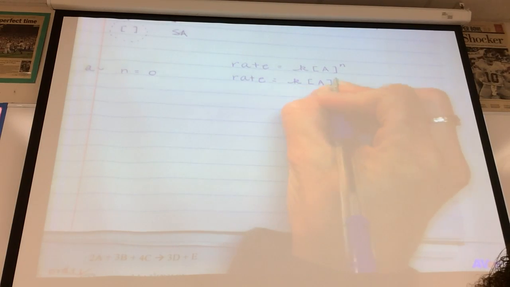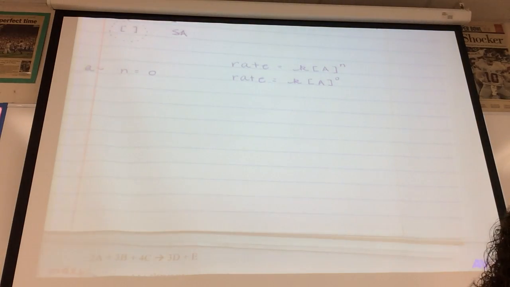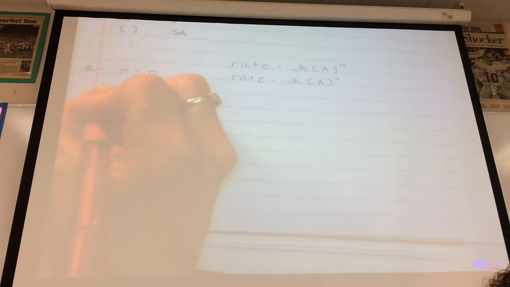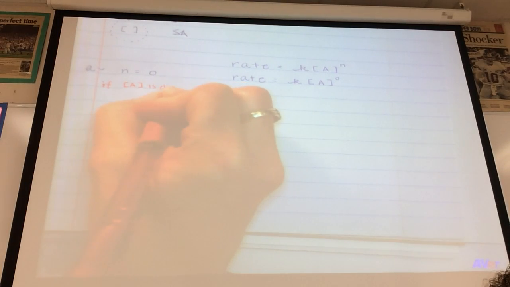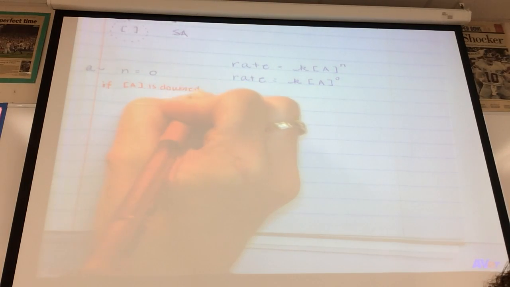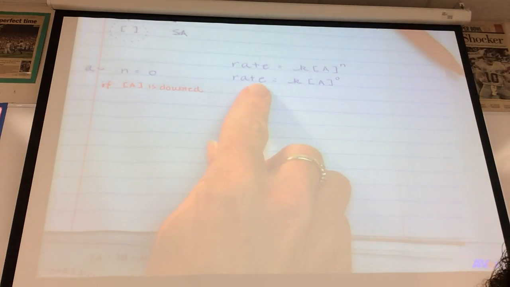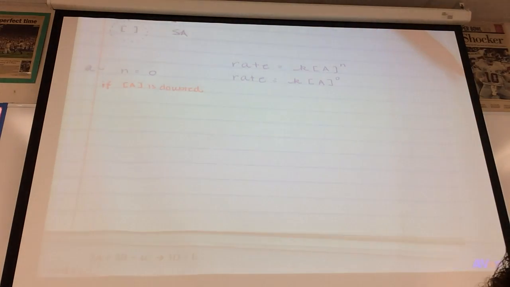A would be to the 0 power. If the concentration of A is doubled, I want to see the effect on the rate if the order is 0.